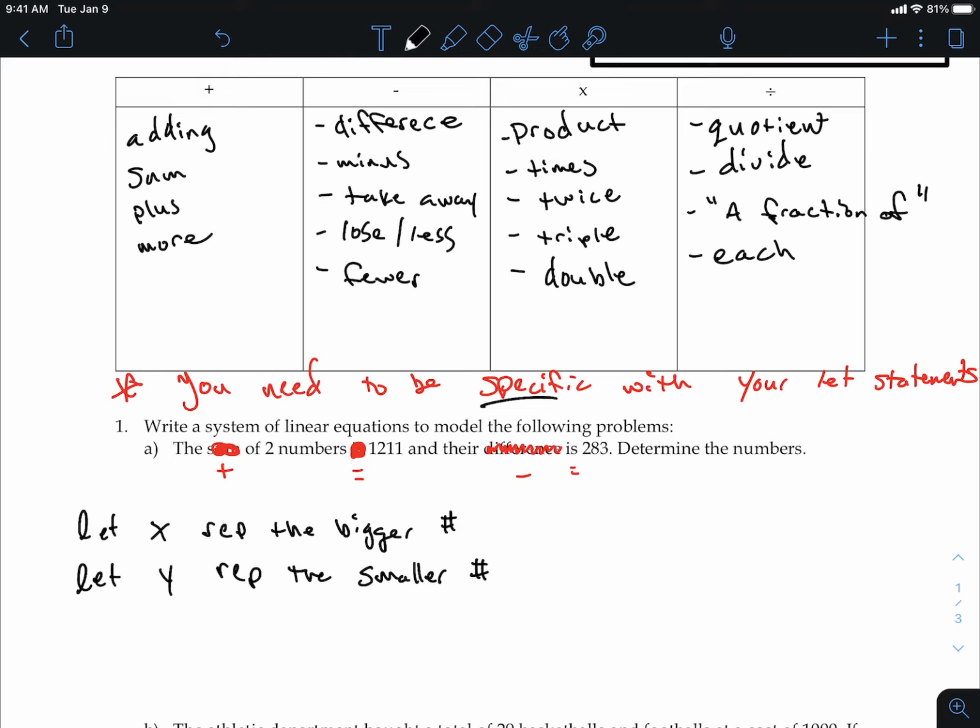Okay. So with this, now I know what the two variables are that I've selected. One's x and one's y. You can go back to your word problem now and say, okay, all I have to do is insert my variables into my sentence. So in theory, I should be able to just go like this, right?